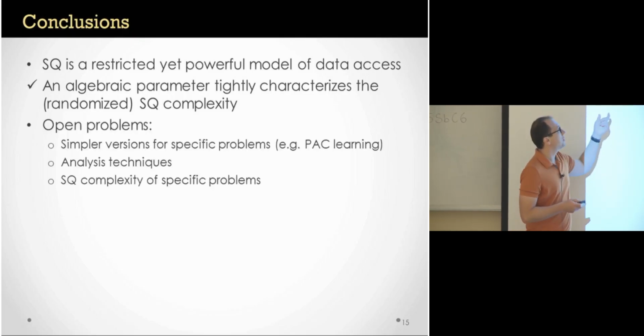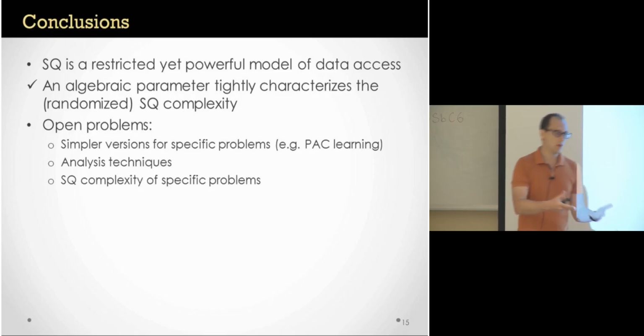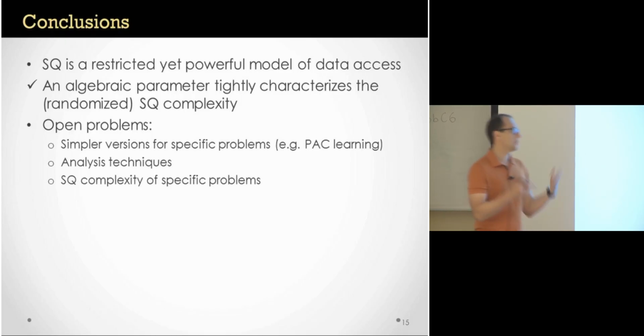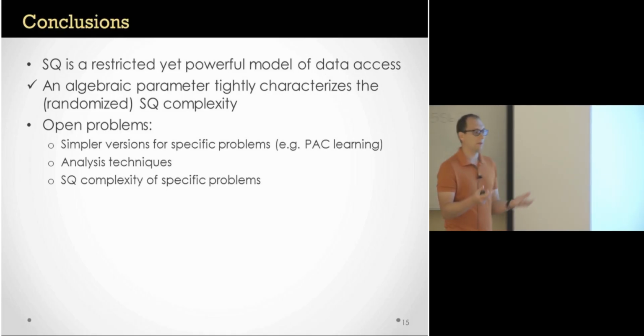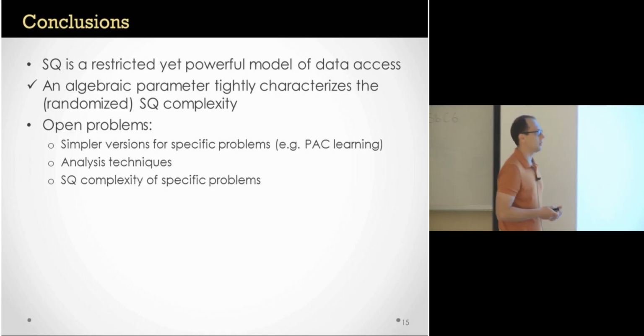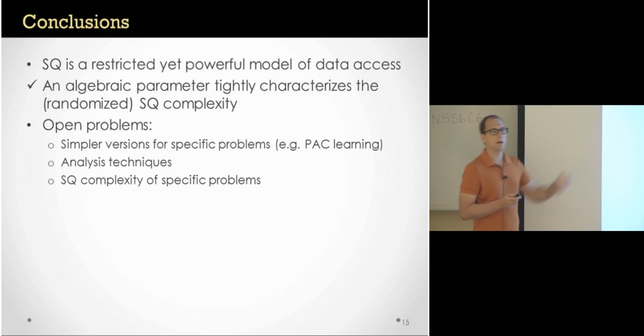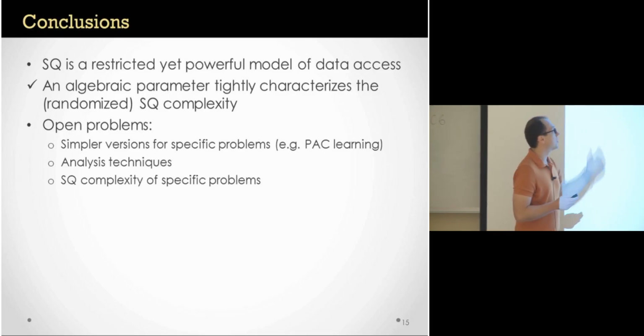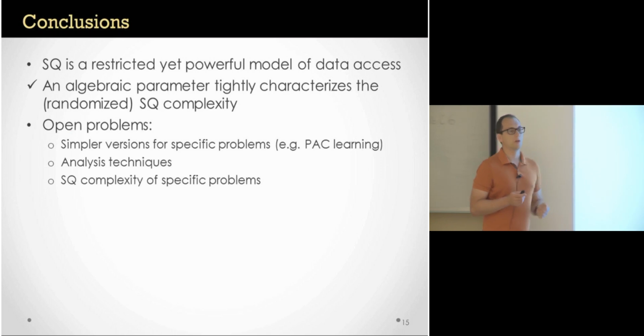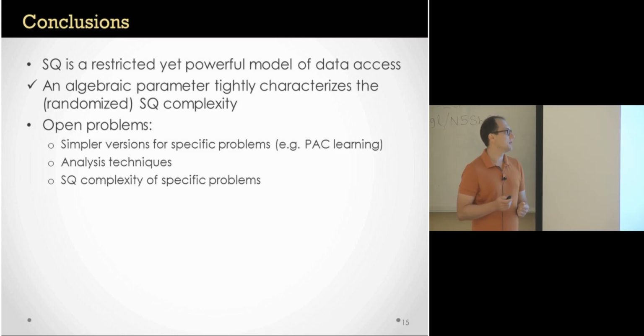Perhaps one of the most interesting is to derive simpler versions of these parameters, which are specific to a given class of problems. This one is very general, but we know that in the context of specific problems like weak PAC learning, there are simpler parameters that characterize the complexity. Of course, we need additional analysis techniques, and there are many problems for which it would be interesting to analyze the statistical query complexity, and it still seems not a very easy problem.